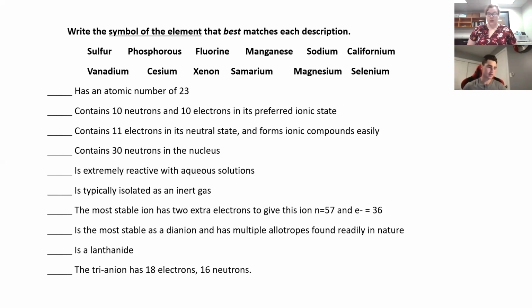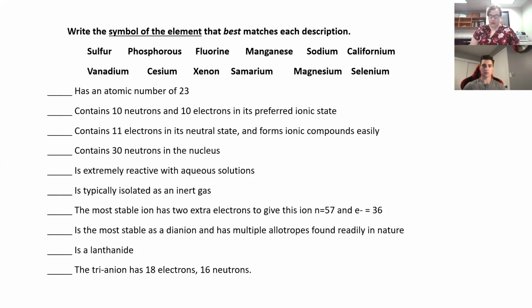So first, it's going to have 10 neutrons, which means the mass is going to be at least 10, because we need to have protons. With 10 electrons, we're going to have about 10 protons. It's going to be somewhere between 8 and 12 protons, right?